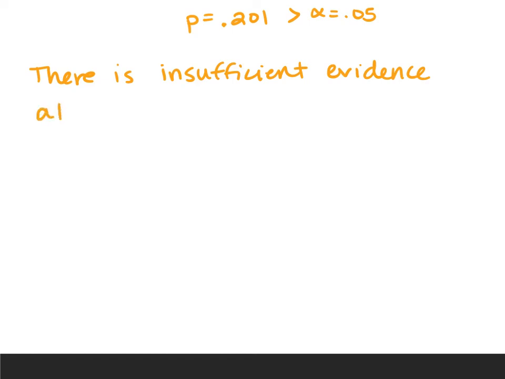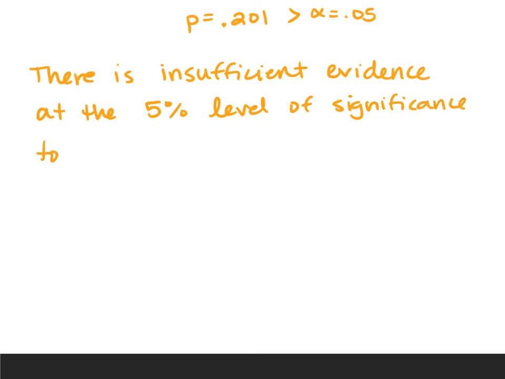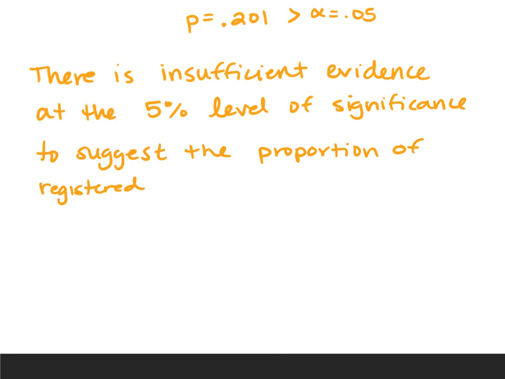So there's insufficient evidence at the 5% level of significance to suggest, and now we want to reference our actual problem, that the proportion of registered Republicans is now less than 0.42. And there we go.